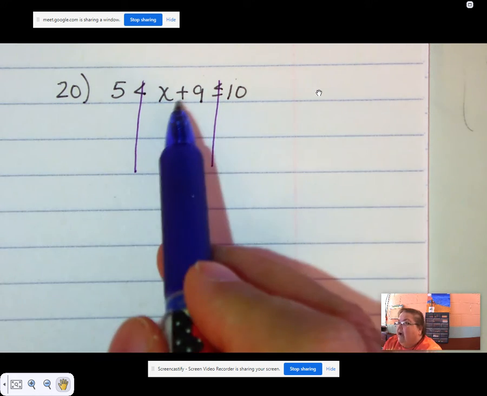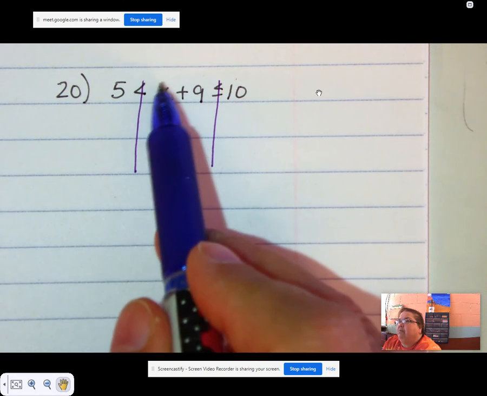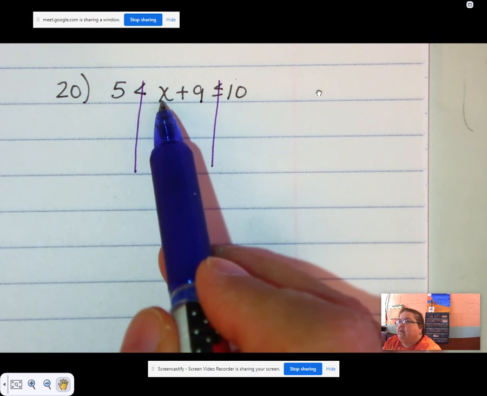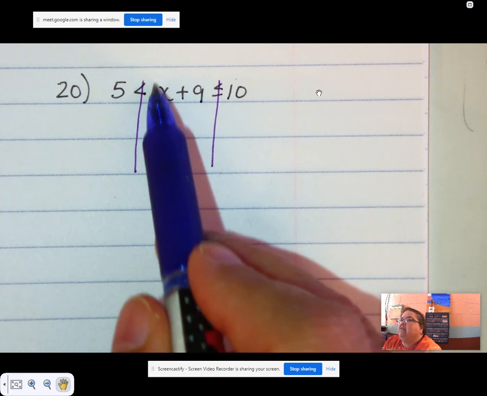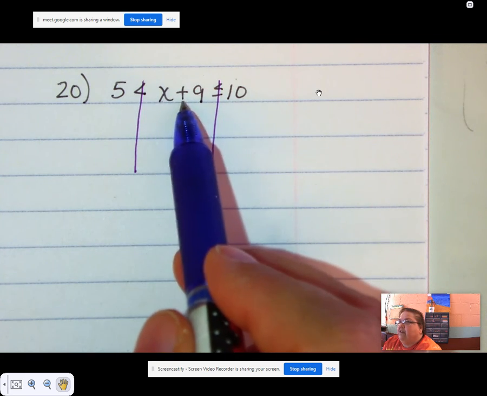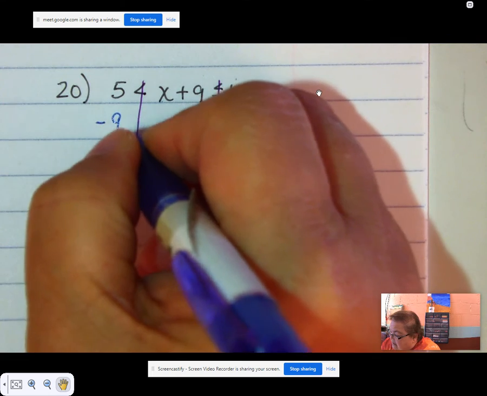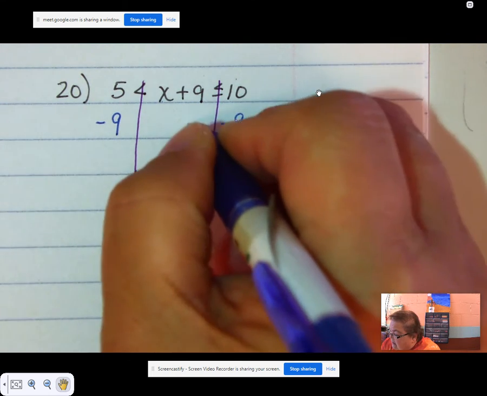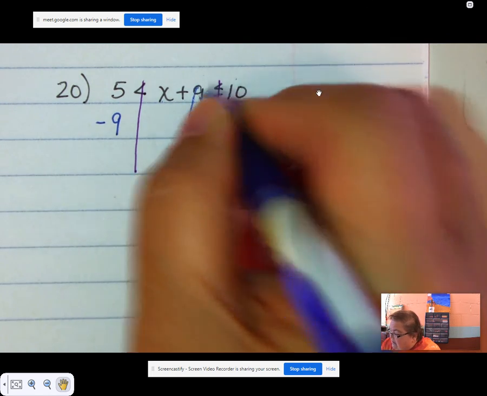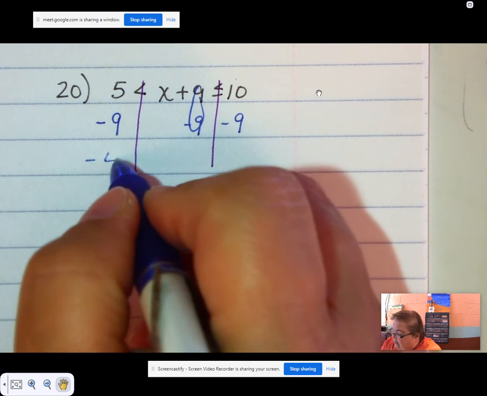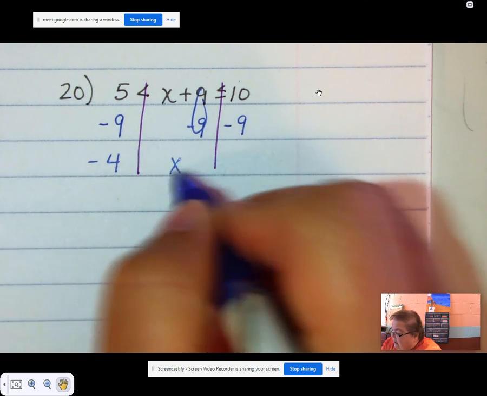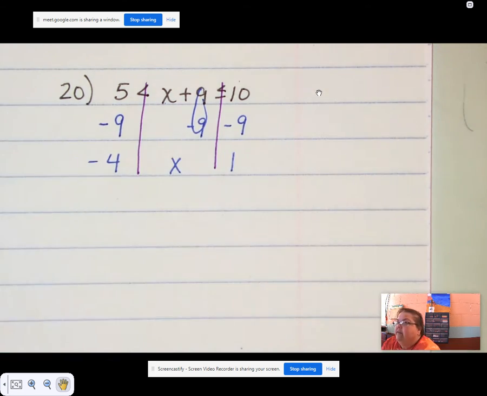I have to work in the middle because that's where my variable is. Nothing, just a 1 in front I don't need to work with. So I need to get rid of the plus 9 by subtracting 9 away. That's 0. Negative 4 x 1.